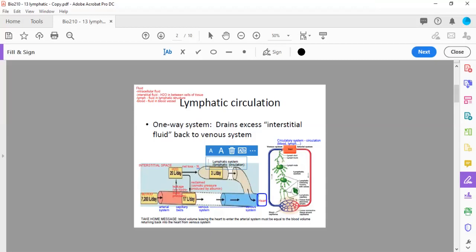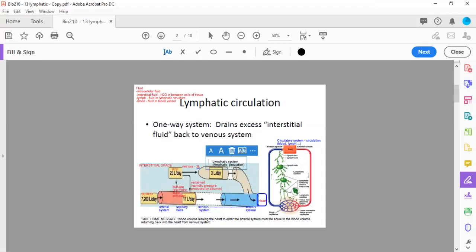In one day, you have 7,200 liters of volume moving across the arterial system. Of that 7,200 liters of blood per day, the same volume enters the capillary bed.